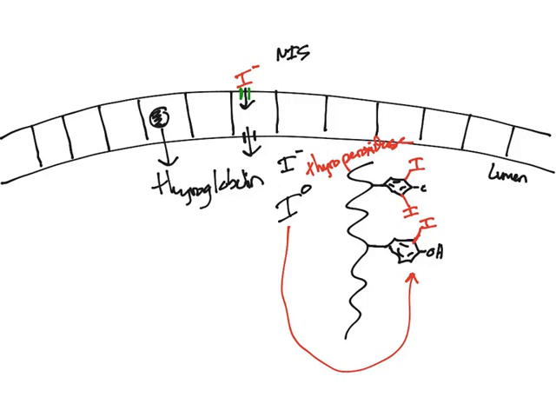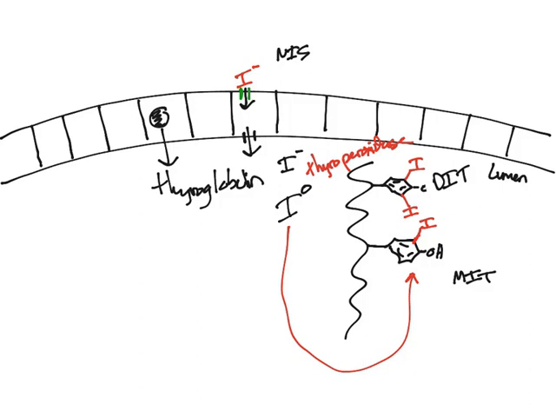And so if it binds just singly, we call that MIT, which stands for monoiodotyrosine. And of course, double is DIT, which is diiodotyrosine, right?